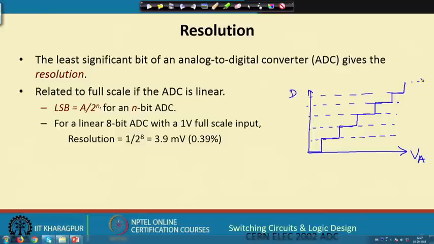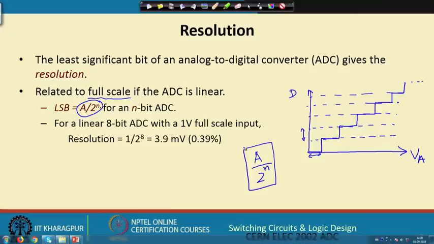The resolution tells you what your one step height is, and what is the input voltage that corresponds to that change. So, if A is your full scale voltage of the AD converter, then full scale voltage divided by the total number of steps, A divided by 2 to the power n, is defined as the resolution.